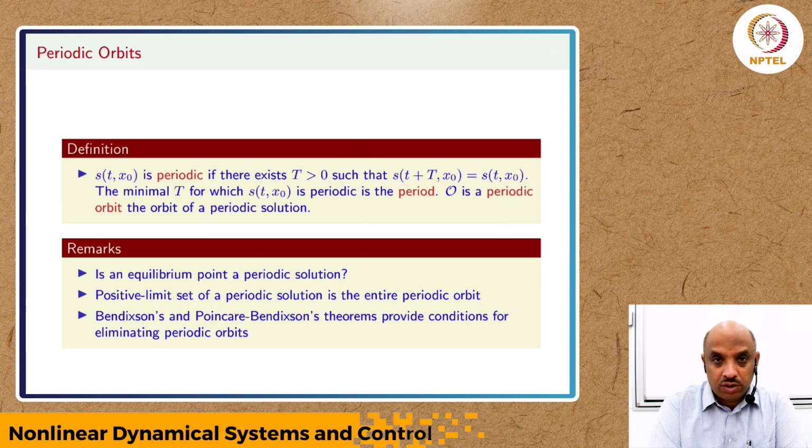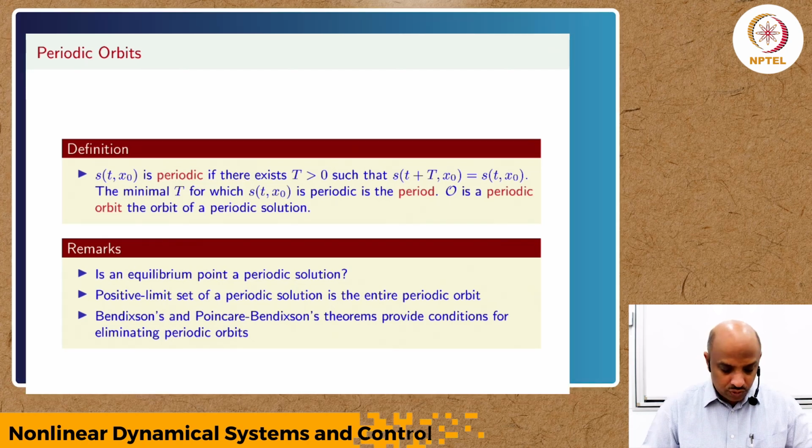These are theorems called Bendixson's theorems and Poincare-Bendixson theorems. They are quite interesting, but I'm not going to go into some of the details simply because it takes away from what we are trying to do here. But they are there in the literature that I provided earlier, and you should look at those problems and see how to show lack of periodic orbits.